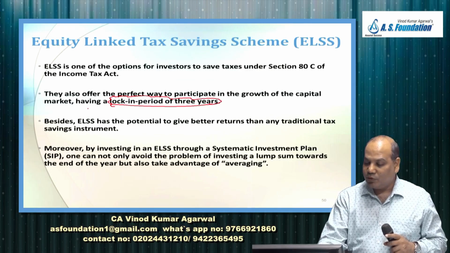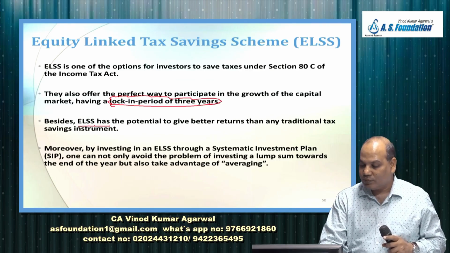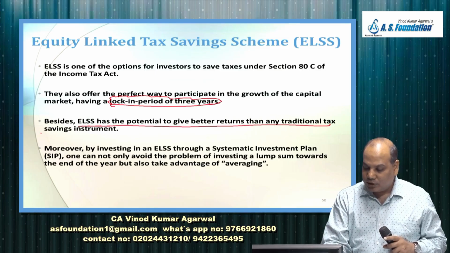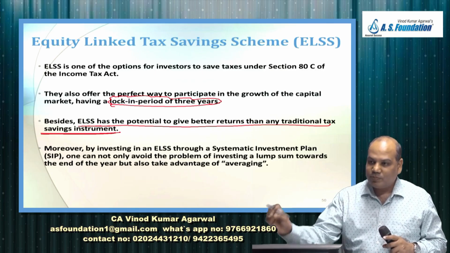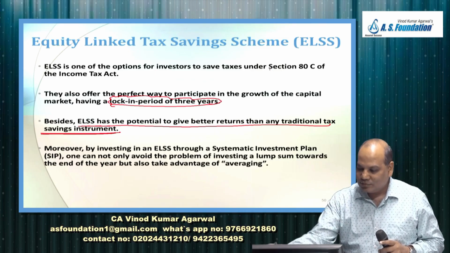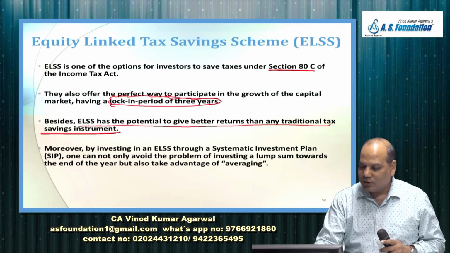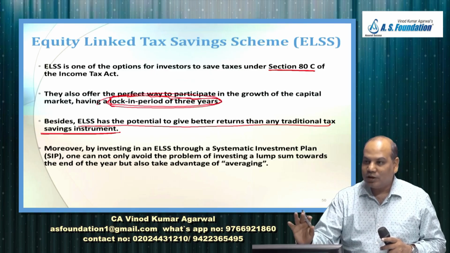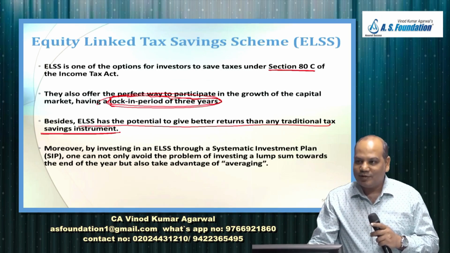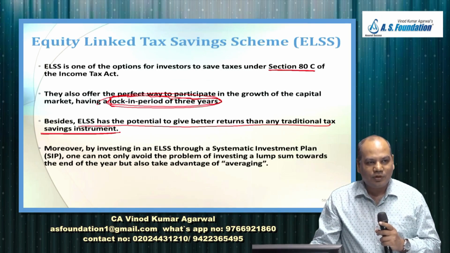And plus it is giving you the benefit of equity growth. I have done the analysis over so many years. It is the best product under 80C because lock-in is 3 years and returns are higher than any other product you get under 80C. What more do you want?